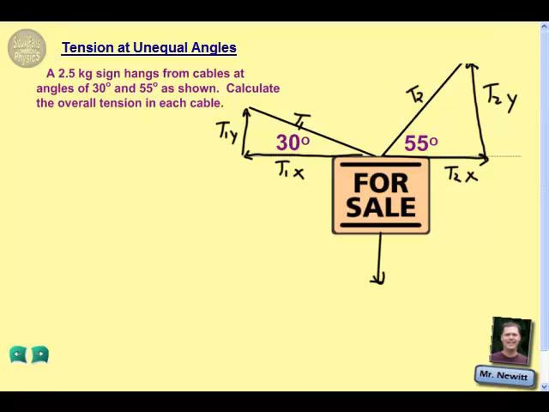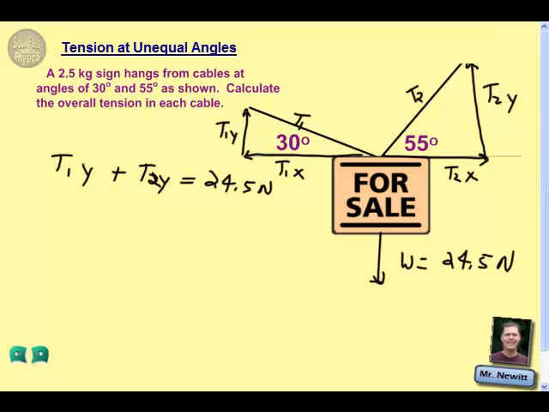Our sign, we know, weighs 2.5 kilograms, so it has a normal weight again that can be calculated by taking the 2.5 kilograms times 9.8, and that is going to be 24.5 newtons hanging down. Next, we know then in the Y direction that T1Y plus T2Y has to equal that 24.5 newtons.